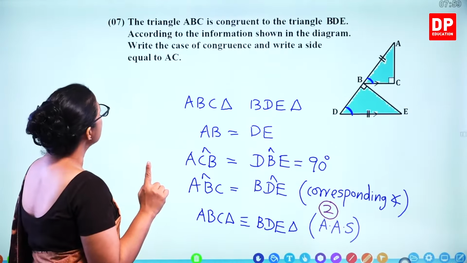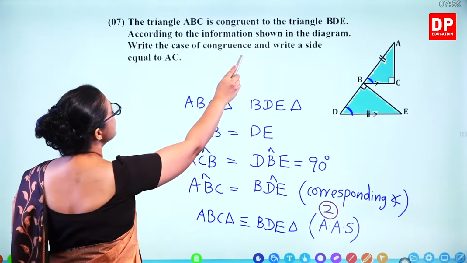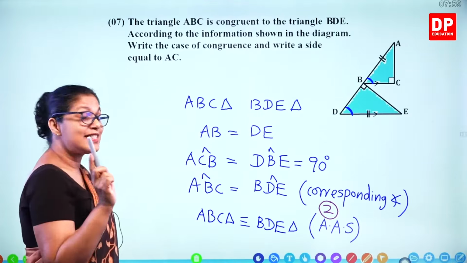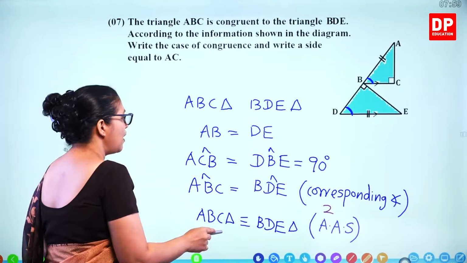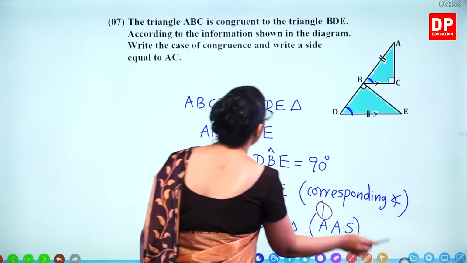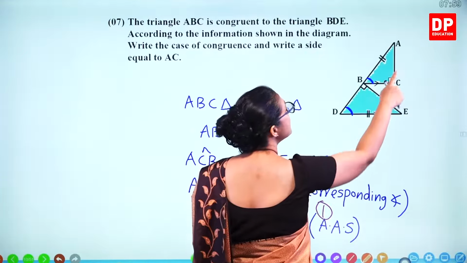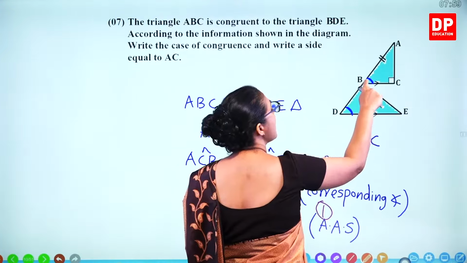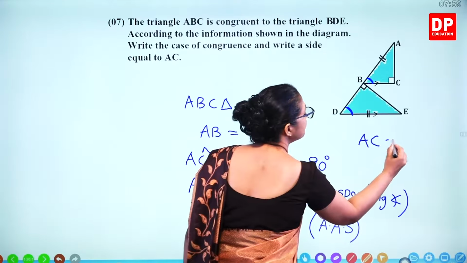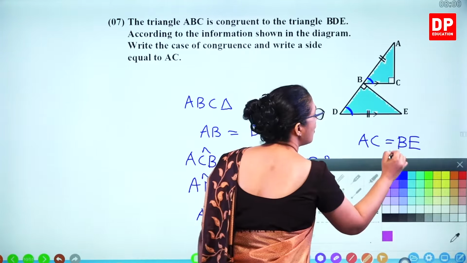And then it says write the case of congruency and write a side equal to AC. That means you are getting only 1 mark here. And you have to write down which side AC is equal to. AC is opposite to this angle. So opposite to this angle is BE. So you get 1 mark for this answer.